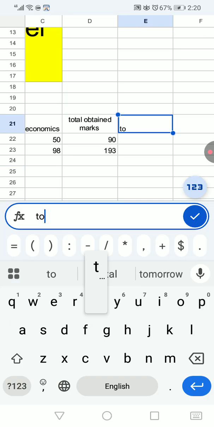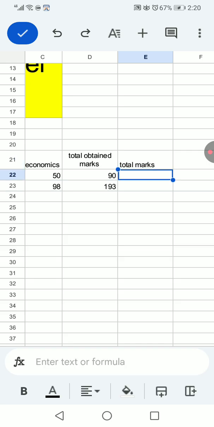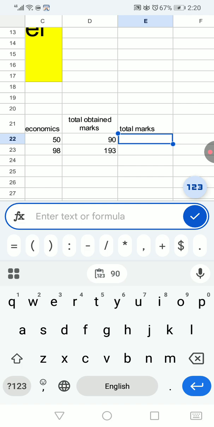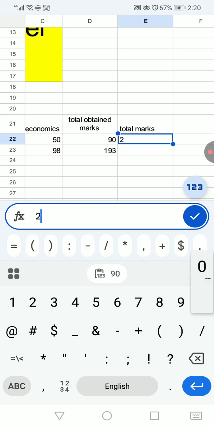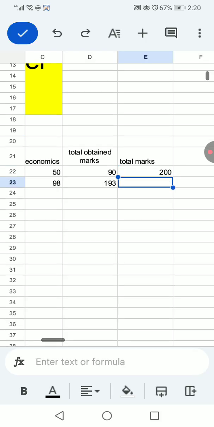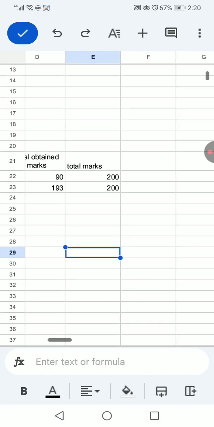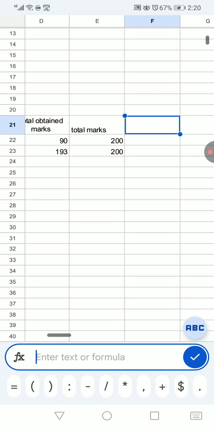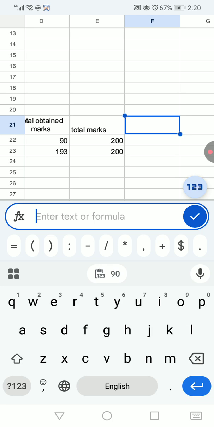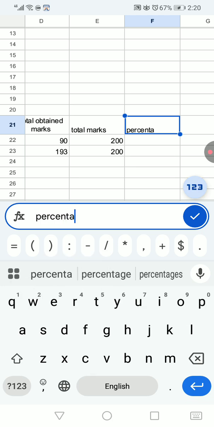So here we will write total marks. Suppose these marks were out of 100 per subject, so total marks 200 for each student. Now you will calculate their percentage. Although we are trying to understand IF AND, these percentages would also be very useful for you.